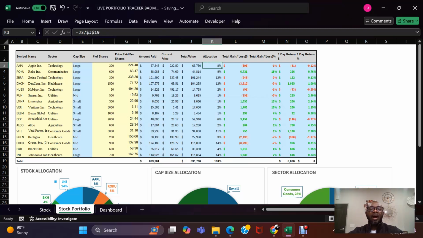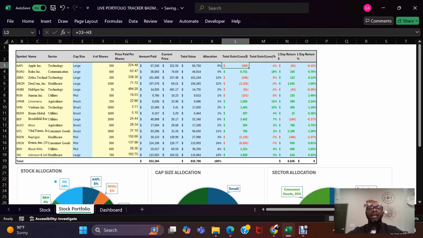Then we have the column for allocation. Allocation is simply the amount we allocated to each stock from the total fund that we have to play with, which is this divided by total. It gives us the percent, showing the percentage allocated to each of these stocks.